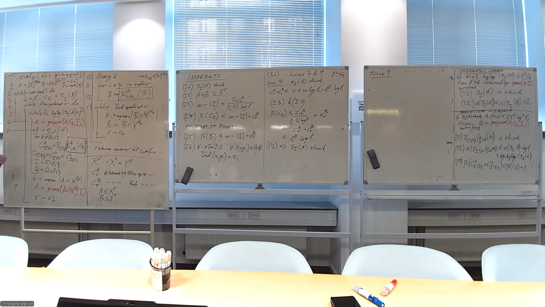Okay. How much did the size change when we took this intersection? Well, I took the larger one, I took argmax, so at most by a factor 2.